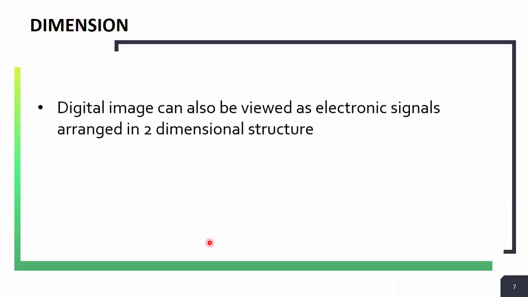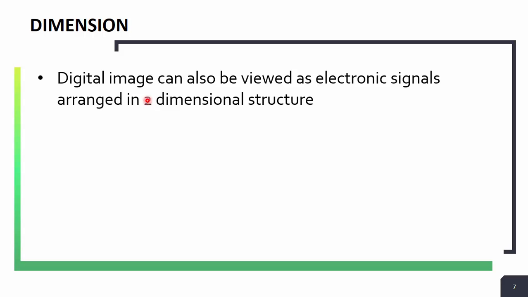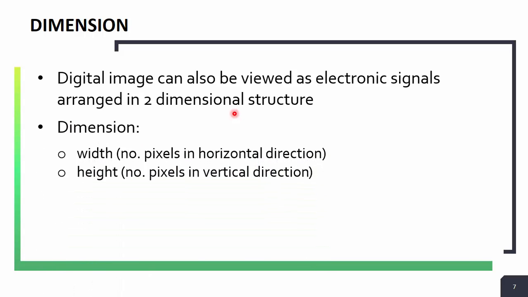Next, let us define dimension with regards to image. Digital image can also be viewed as electronic signals arranged in two-dimensional structure, as we said just now for the definition of raster image, and due to this two-dimensional structure, we have two types of dimension, the width and the height.